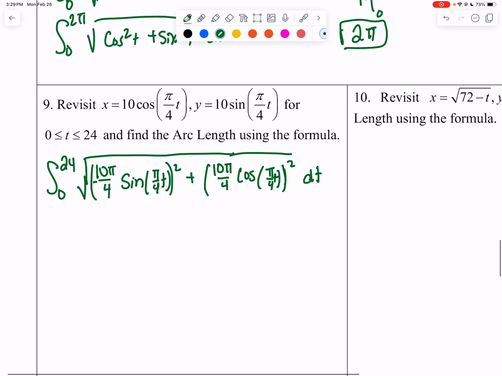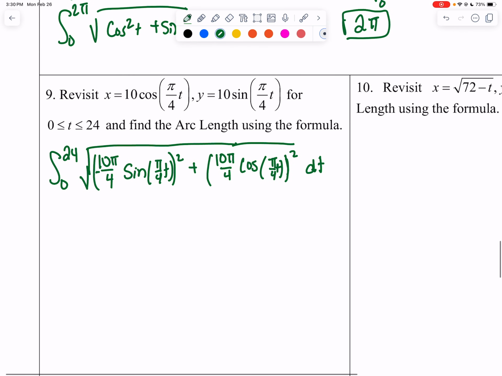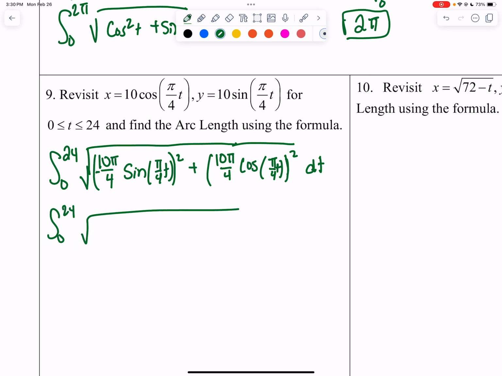Now, it might look nasty a little bit, but don't worry, because it's going to get a little bit prettier. Now we have from 0 to 24 of 100 pi squared over 16 sine squared of pi over 4 t plus 100 pi squared over 16 cosine squared of pi over 4 t dt.